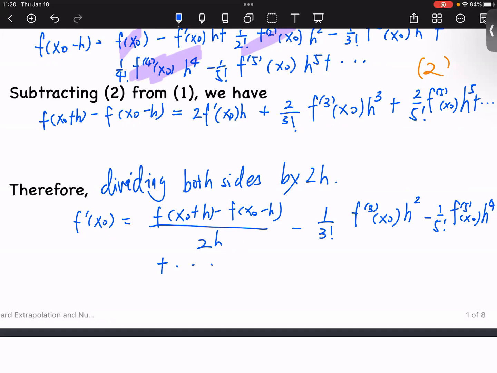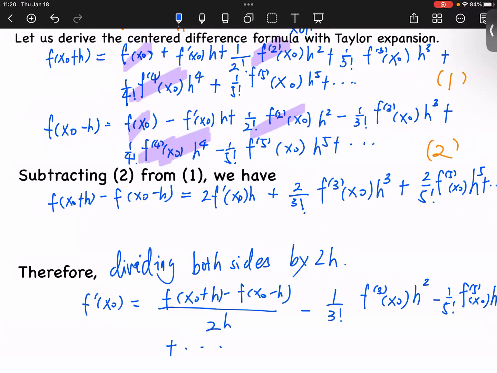So now you've got the center difference formula in another way: we are using the Taylor expansions at 2 points, one at x0 plus h and another at x0 minus h, and then we do the subtraction and divide both sides by 2h, and we got the center difference formula in this way. And these are the error terms.